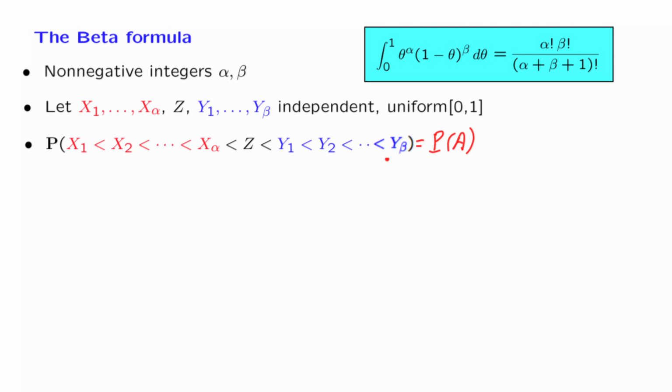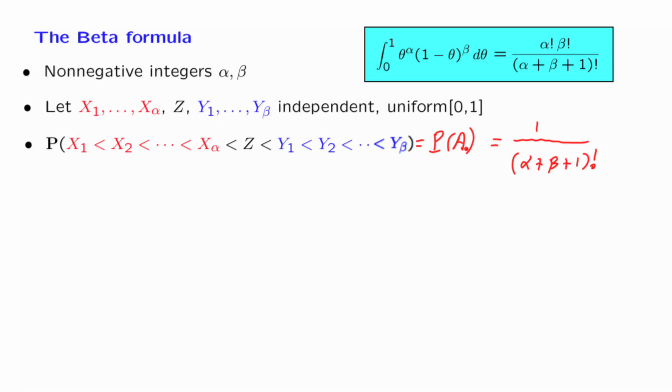It's the factorial of the number of items that we're trying to order. We're talking about the probability of a particular permutation, so this probability is equal to 1 over the number of permutations of alpha plus beta plus 1 objects. So this is one expression for the probability of this event A.